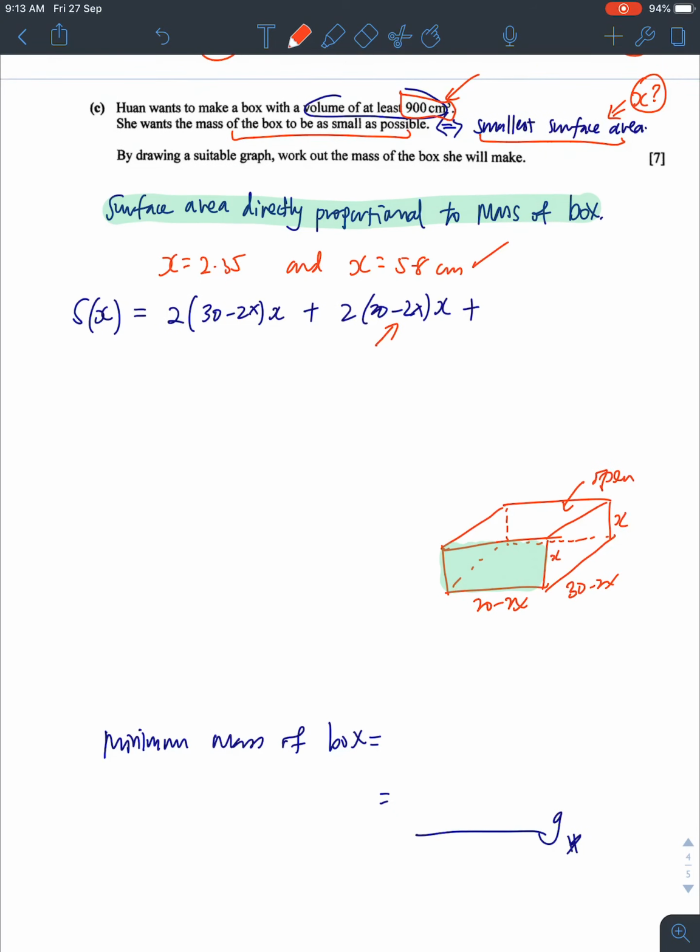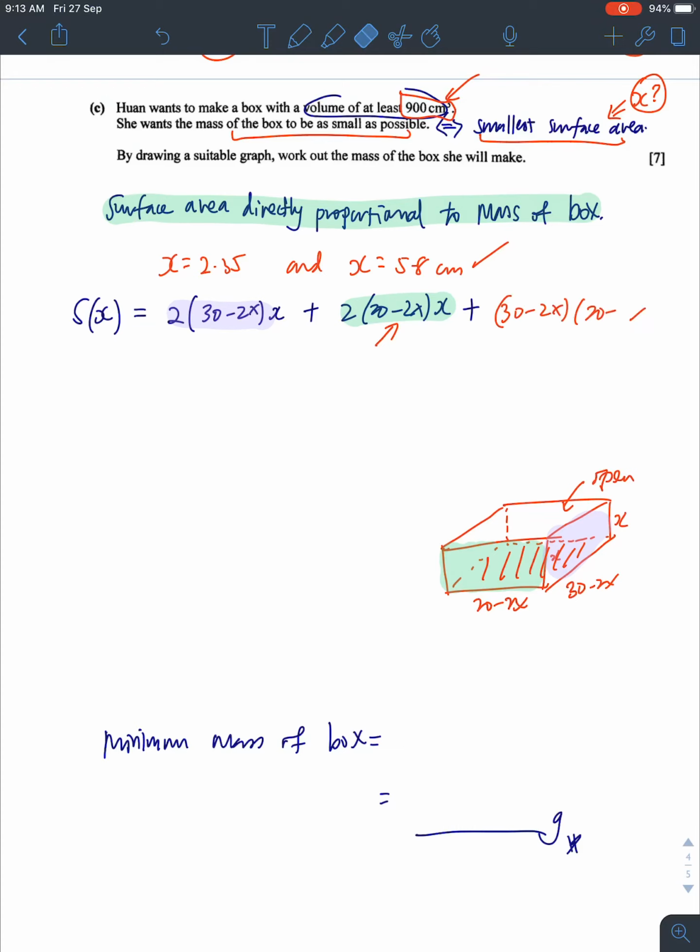And the next face that we would consider is this face, 30 minus 2x by x, so 2 times this quantity. And finally, let's not forget the base area at the bottom. This is 20 minus 2x by 30 minus 2x.